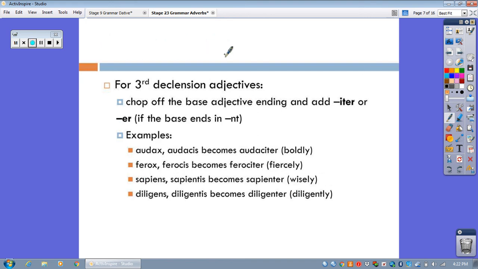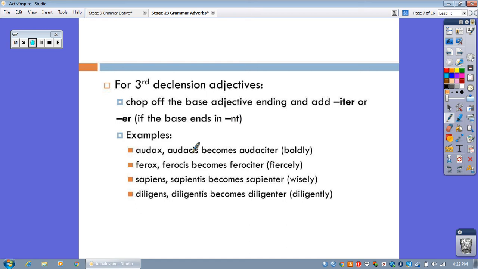Now for those third declension adjectives, this is where it gets a little trickier, but I'll tell you a shortcut at the end, which I think will help. You chop off the base adjective ending, and then you add one of two endings. You add either -iter, or simply -er, if the base already ends in -nt. Now how do we find the base again for any noun or adjective?